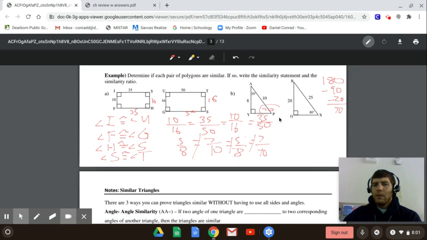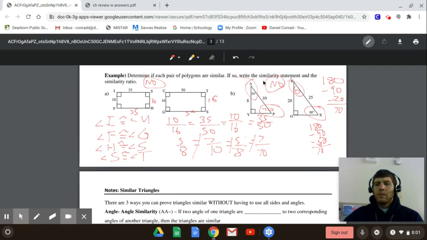So as we see, P here is not going to match up with X. And if we did the other one, 180 minus 90 minus 80, we're going to get 10. So this angle up here, B, is going to be 10. So again, these angles are not going to be equal, so they're not going to be congruent. So this one would also be a no. So these would not be similar, and these would not be similar.